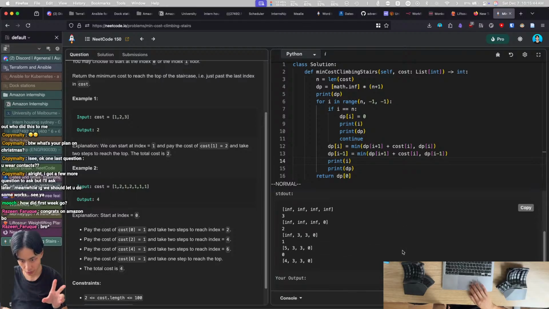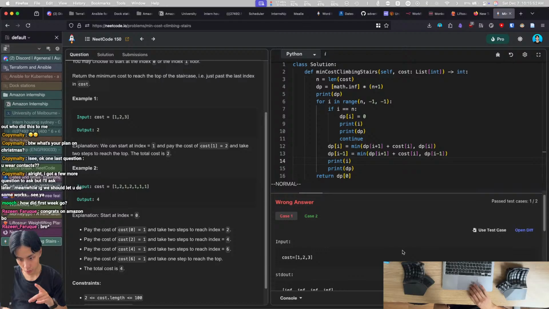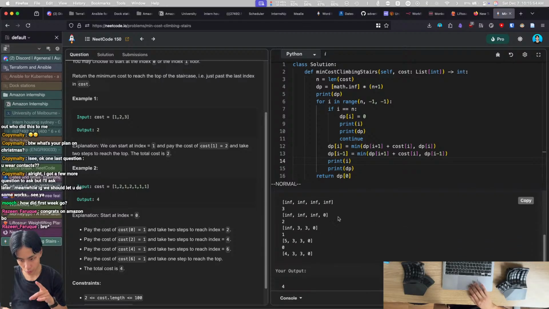So infinite. Okay, now starting from 3, you know you're going to have 0. Then from 2, you know you're going to have 3. From index 1, you have a 2 here.